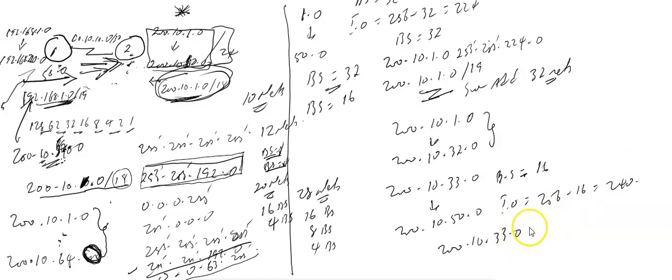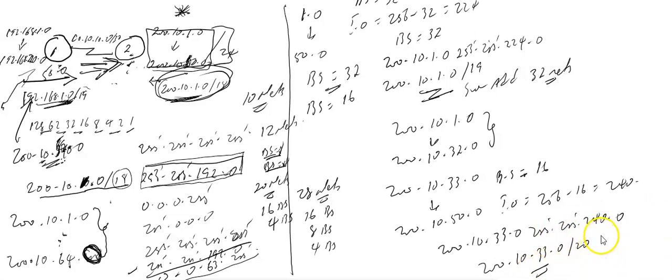The mask will now be 255.255.240.0. In slash notation, you say 200.10.33.0. 240, that's 4 bits plus 16 bits, that's /20.